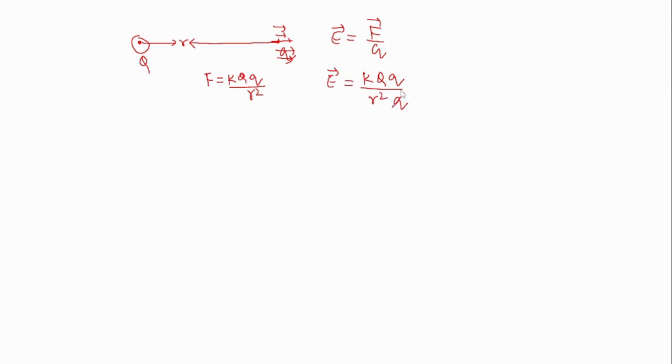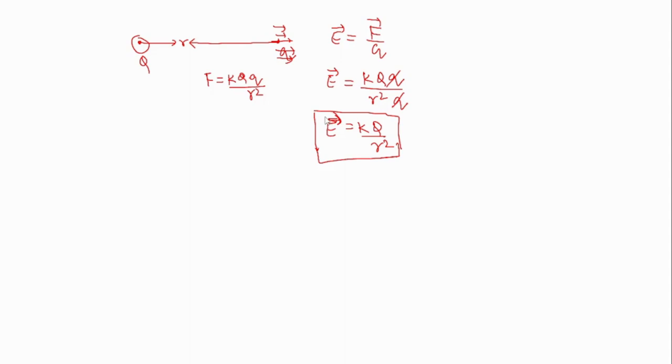So this q gets cancelled out, and the electric field comes out to be K q over r square. That means the electric field intensity due to a charge q at a distance r will be K q over r square. Notice that electric field is also a vector quantity, so you must consider the directions.